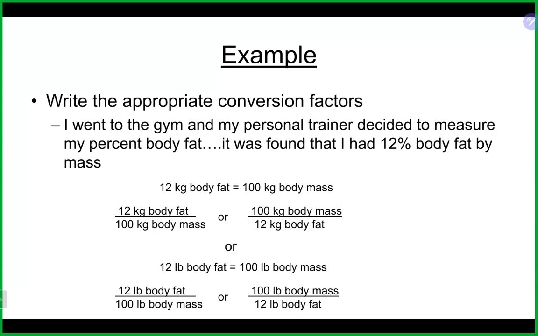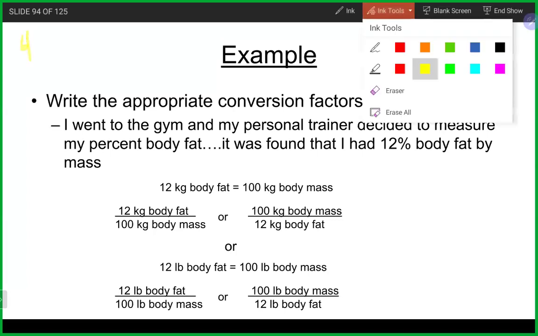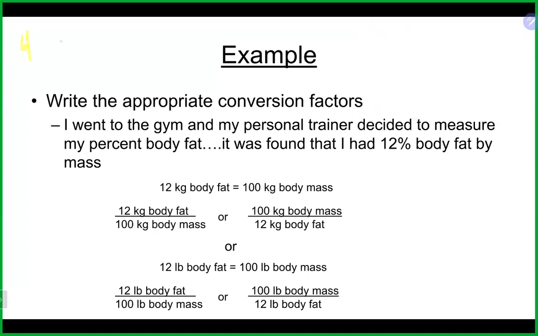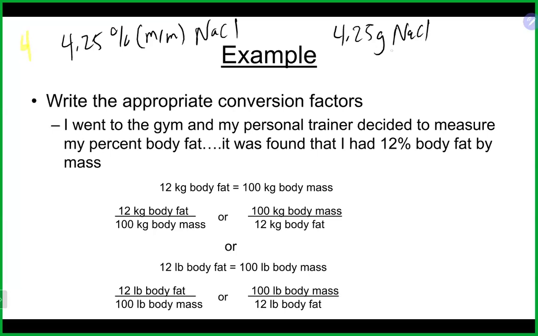For example, if you were given something like 4.25% by mass. Mass to mass is what the m/m means, mass over mass, of say sodium chloride solution. What that would mean, if you wanted to turn that into a usable conversion factor, is you would assume that you had something like 4.25 grams of sodium chloride in 100 grams of solution.